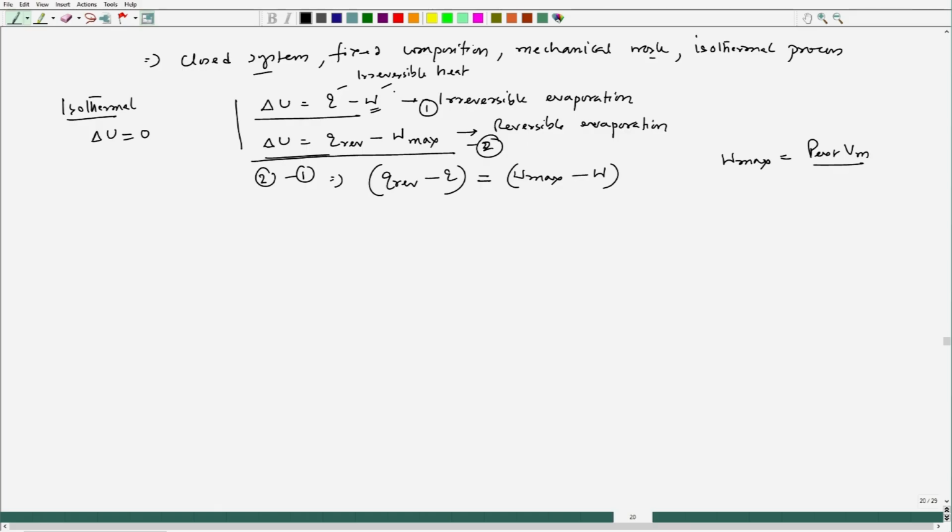The amount of work that is lost is W max minus W. So, this is nothing but lost work, and this work energy has to convert to another form, and here I am seeing that the amount of lost work is equal to Q reversible minus Q irreversible, where Q is the irreversible heat.